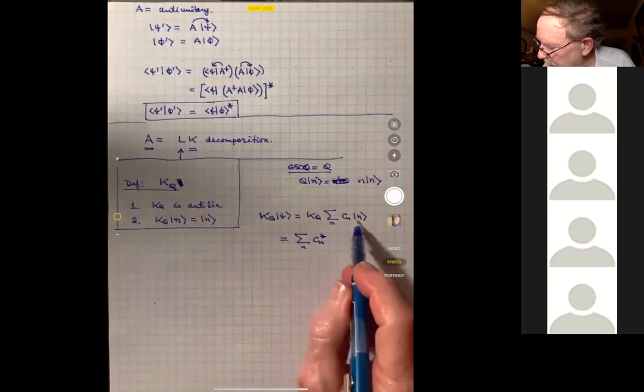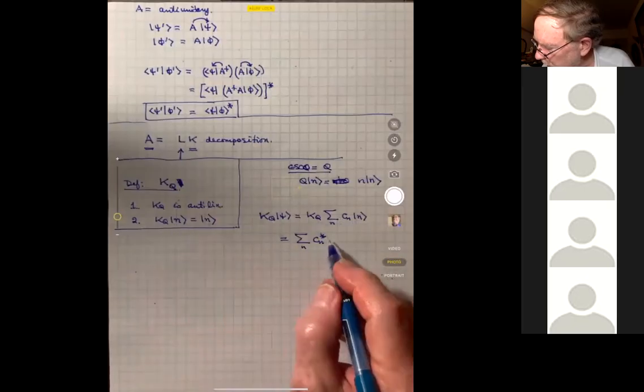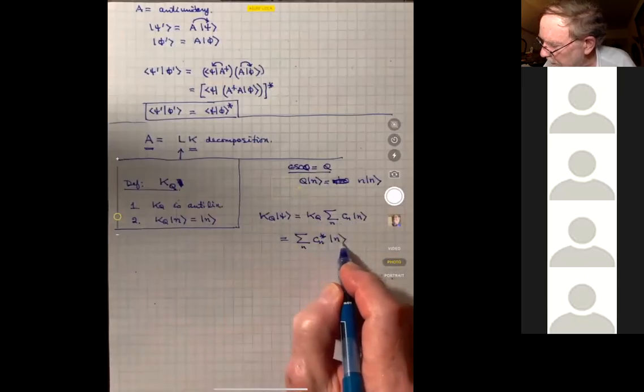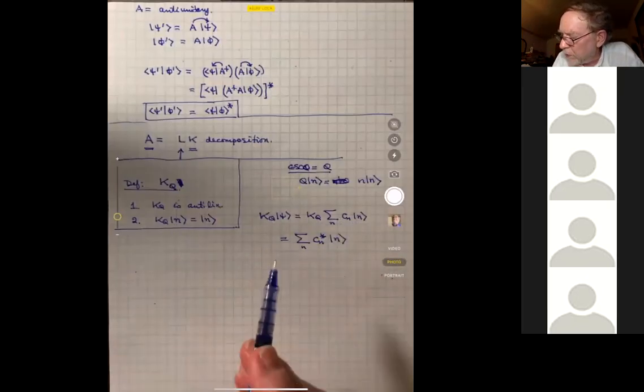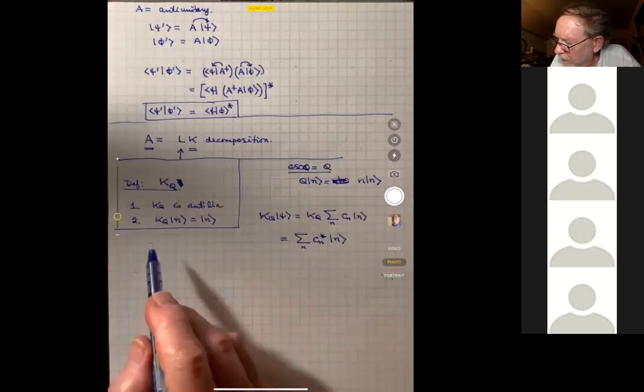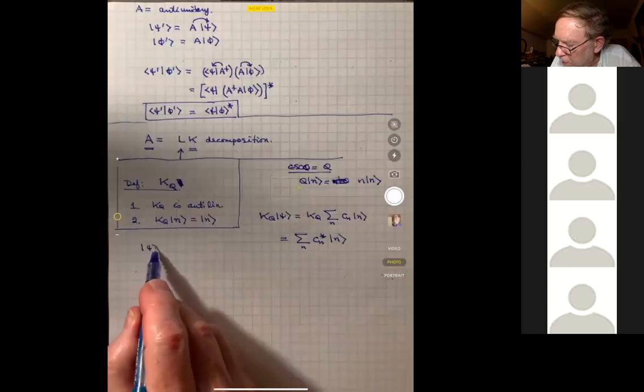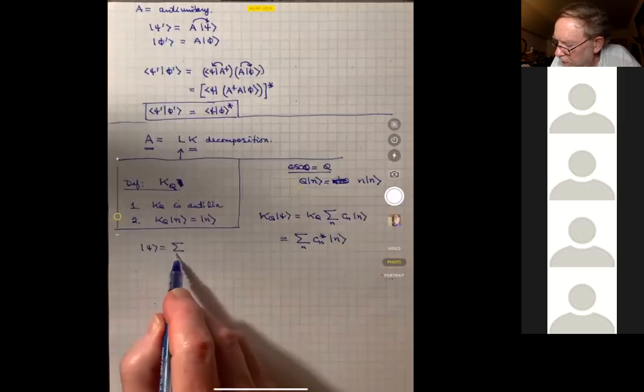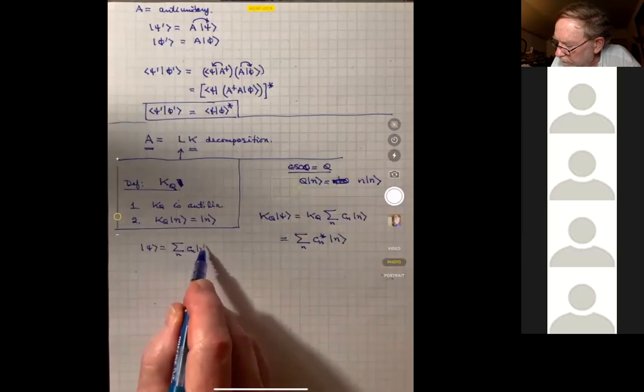But K_Q acting on |n>, by property number 2, doesn't do anything. So the |n>'s just repeat like this.